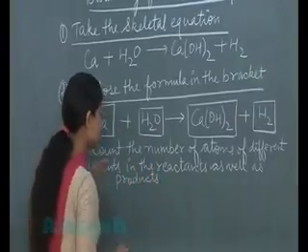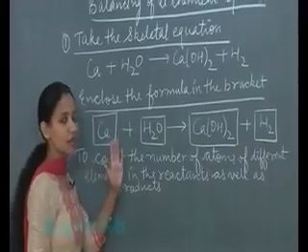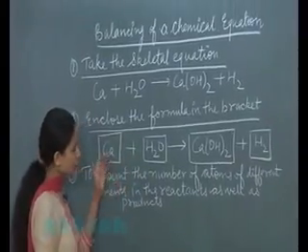Now students, I need to list or count the number of atoms of different elements present in the reactant side and product side. So let us see how many elements are there.